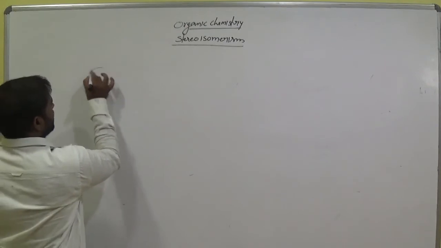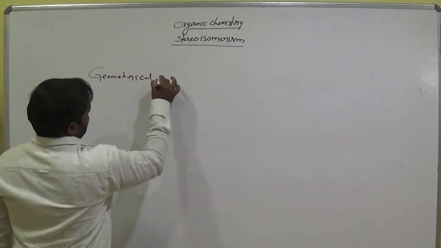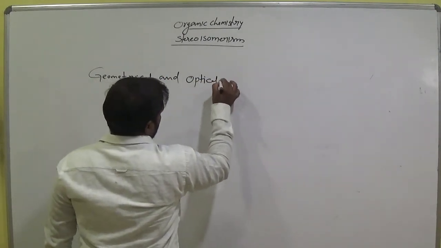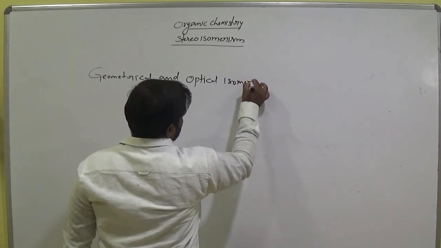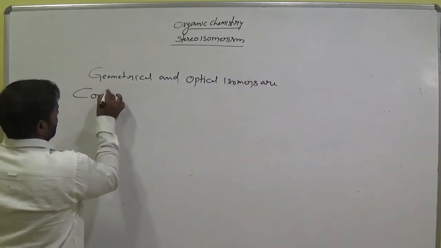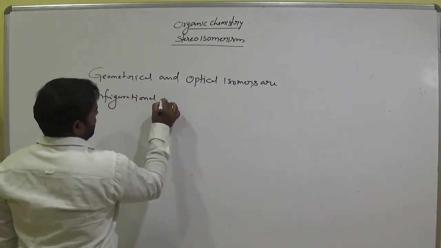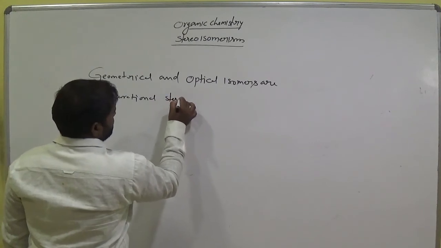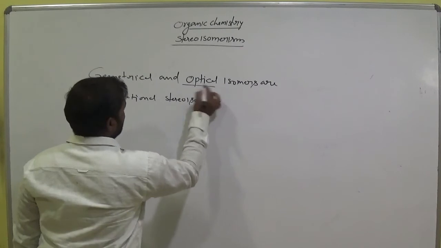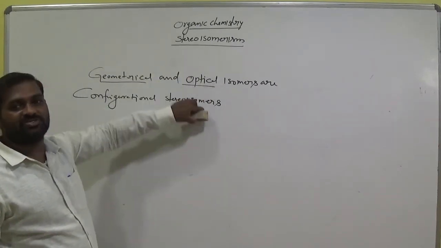Now geometrical and optical isomers belong to configurational stereoisomers. These two, optical and geometrical, belong to configurational. Configurational isomerism means it belongs to stereoisomers.